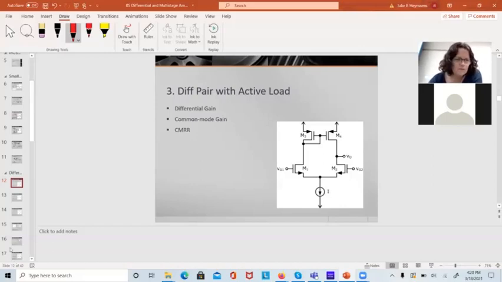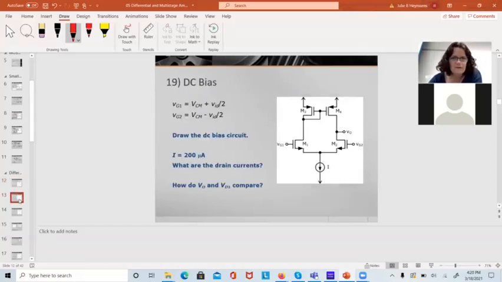So let's go through this piece by piece. This isn't as bad as you think by looking at the number of slides. We want to draw the DC bias current. Now this gate voltage has two parts for it. When we talk about DC, remember, the DC part is V common mode.